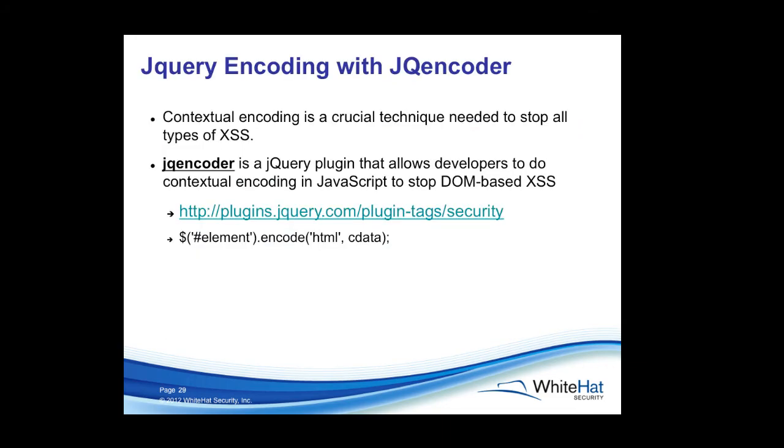And jQuery, written by Chris Schmidt, has an encoder. This is the jQuery embedded encoder that will let even a deep JavaScript developer who's dealing with JavaScript variables that are traversing the DOM in some rich internet application still do contextual encoding inside of JavaScript itself.